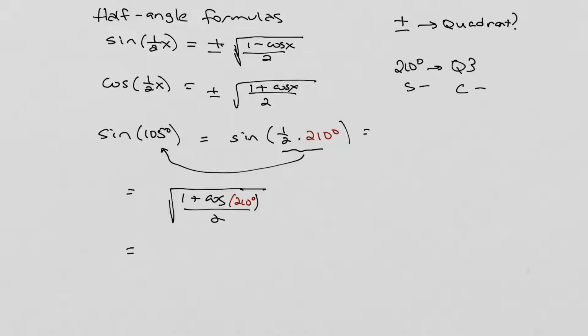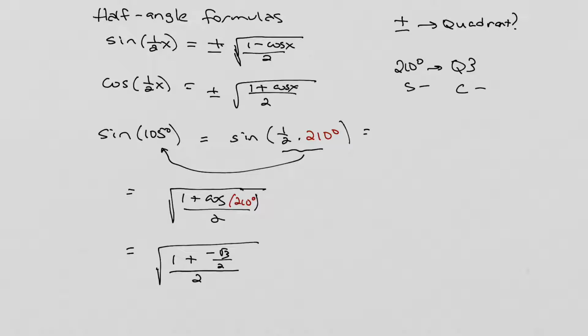And here, cosine of 210 degrees is negative square root of 3 over 2, and then that's all over 2. And these can get a little bit messy to figure out or to clean up.